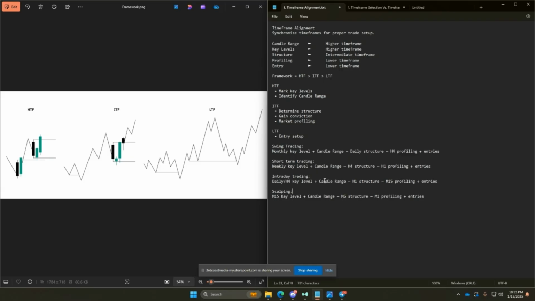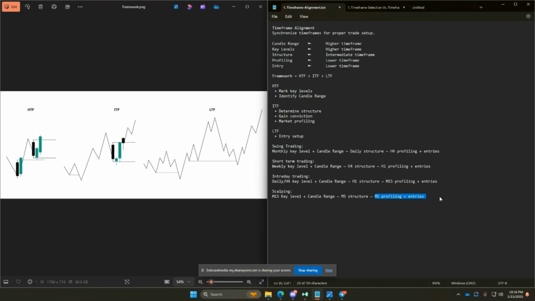If you were scalping, your higher time frame would be 15 minutes. So you can see for swing trading, the higher time frame is the monthly for key levels, while for scalping, the higher time frame is only the 15-minute chart. You use the 15-minute chart for key levels and to identify candle ranges, then the intermediate time frame is the 5-minute chart, and profiling and entries are done with the M1.